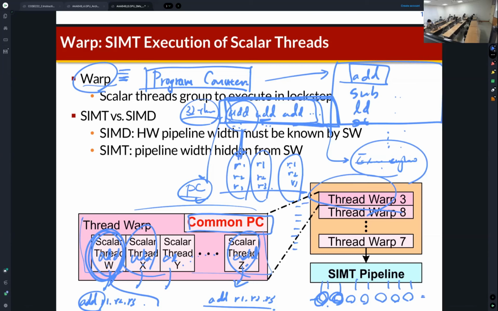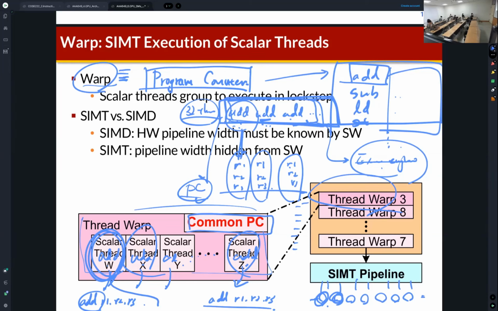So what is required? There are different registers, but the instructions are the same, so it can work like SIMD. How?